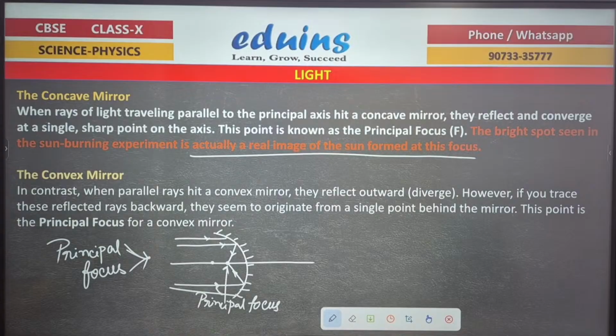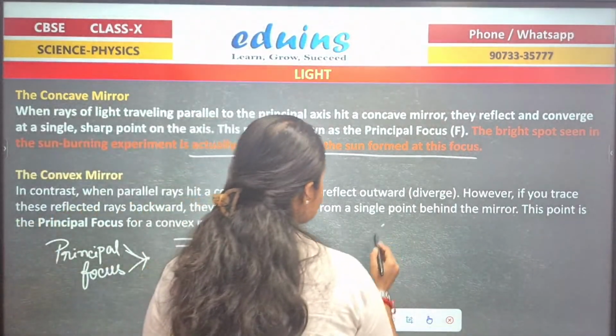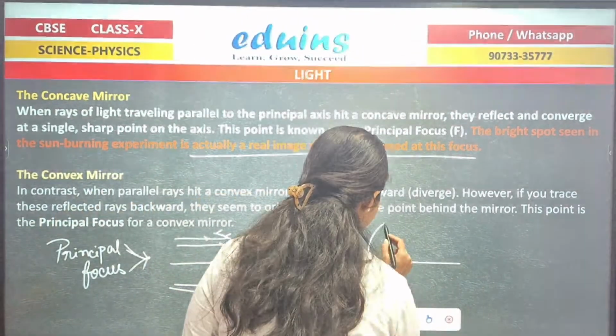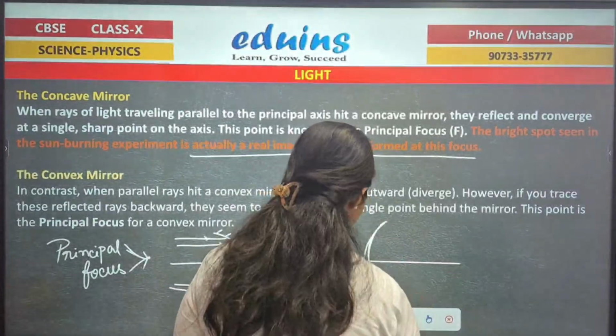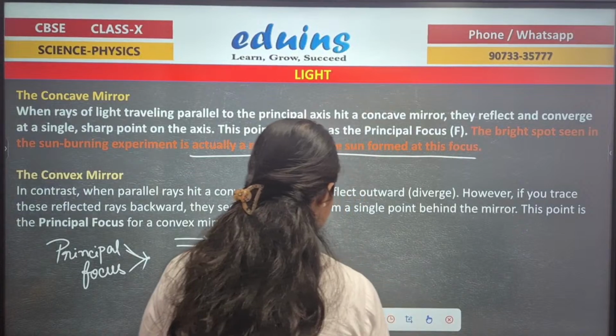This point is known as the principal focus. Okay, now for the convex mirror, the definition changes. Okay, so when parallel rays, parallel with which line? The principal axis.